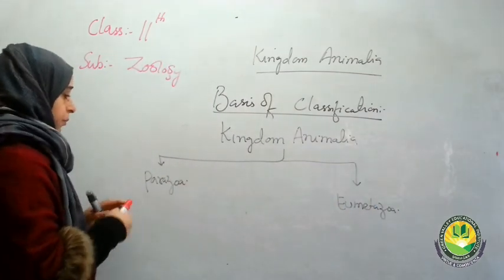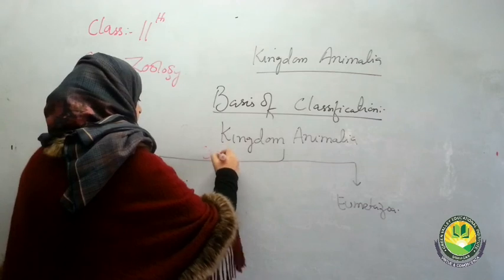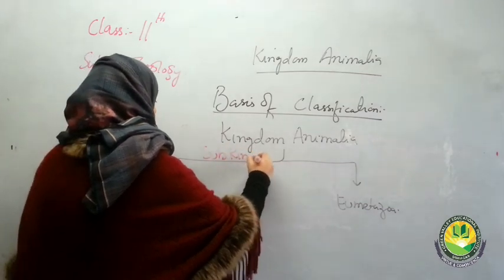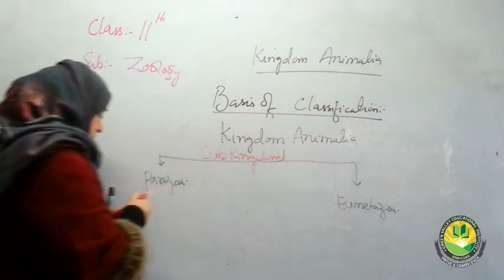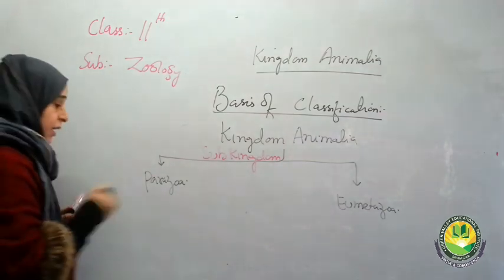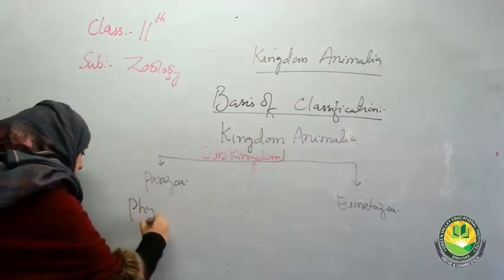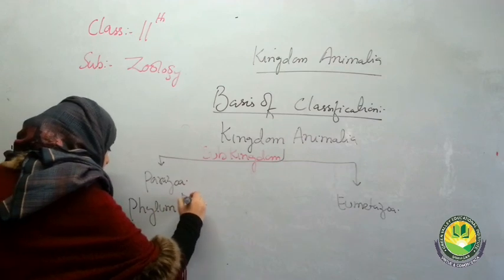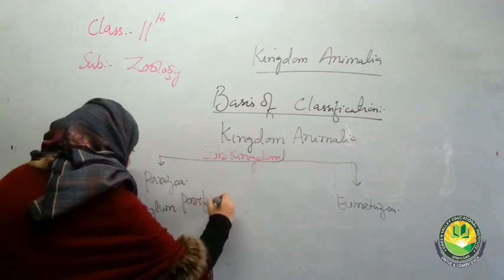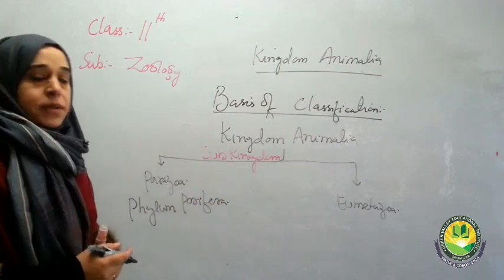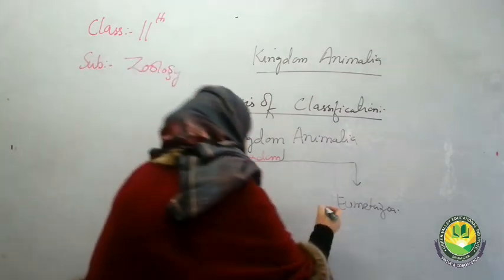The sub-kingdom Parazoa includes the phylum Porifera, and Eumetazoa includes many phyla.